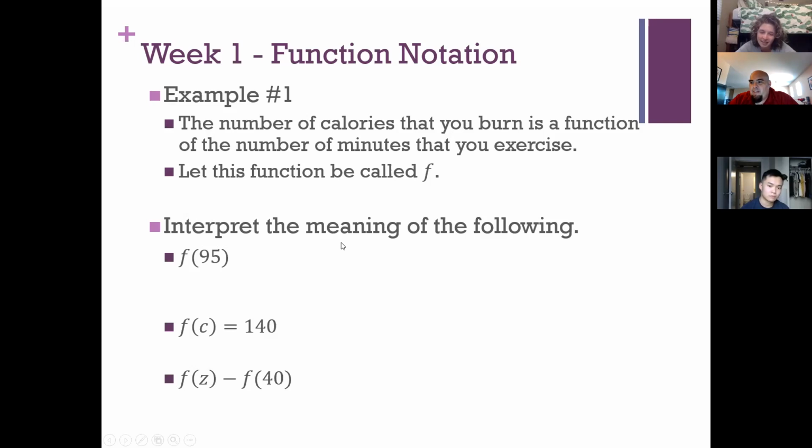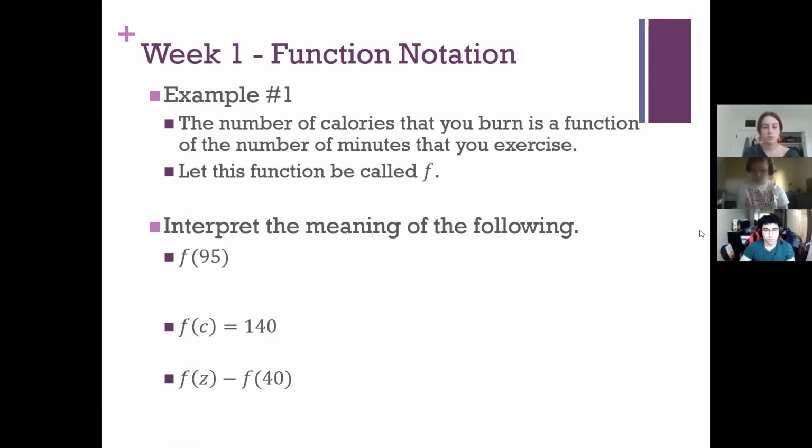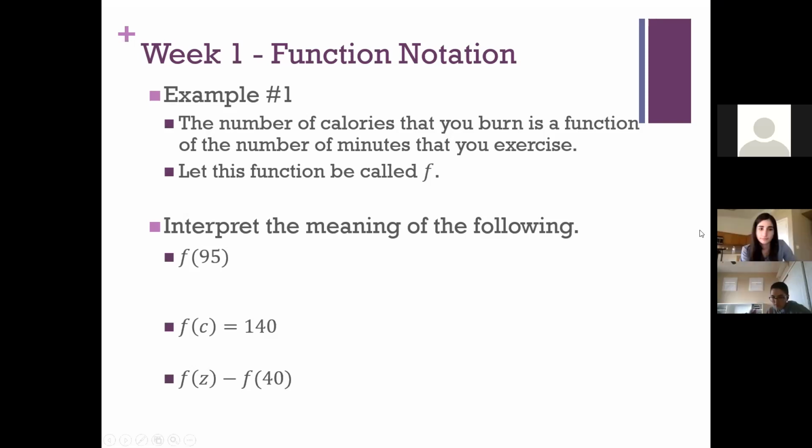So f of 95. In this context, what do we think f of 95 means? Would it be a function of the amount of calories you've burned after 95 minutes of exercising?